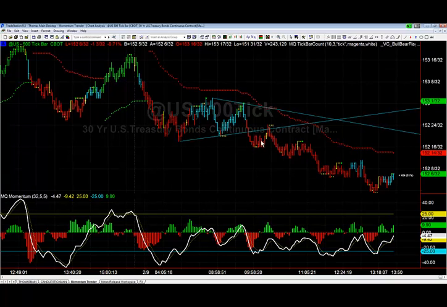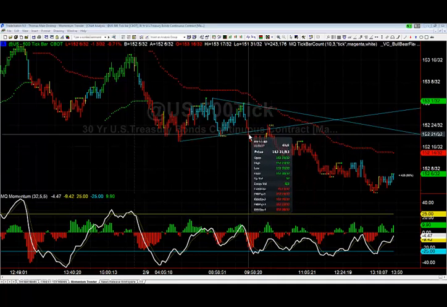Continuing on, we break down, and then what we do is what's called a last kiss. A last kiss is once support has been broken, it then switches roles and becomes resistance for one test. So it bounces back up and retests previously broken support from the trend line, now resistance. The way you trade a last kiss is you enter on the break of the previous bar's low after retesting the resistance. So you would have been selling right here.